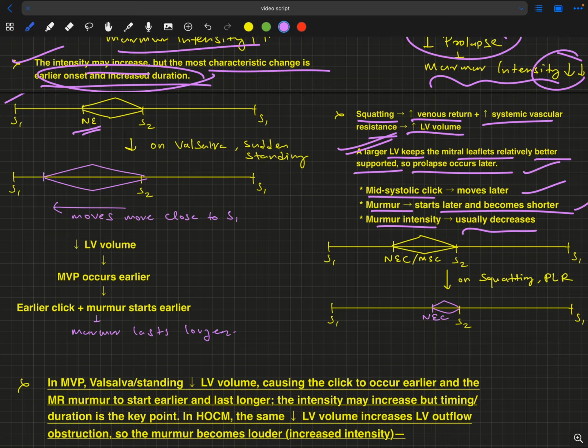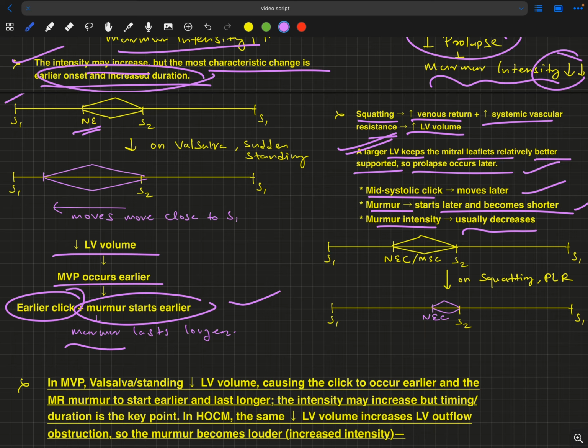On Valsalva or sudden standing, there will be decreased blood inside the left ventricle. When there is decreased blood inside the left ventricle, the click and murmur start earlier, because mitral valve prolapse occurs earlier. When there is decreased LV volume, the click occurs earlier, the murmur starts earlier, and the murmur lasts longer.